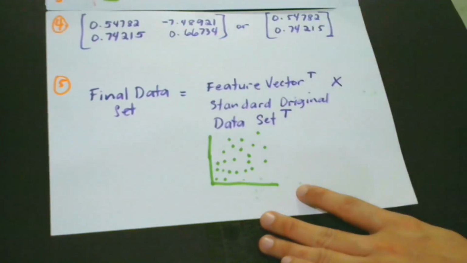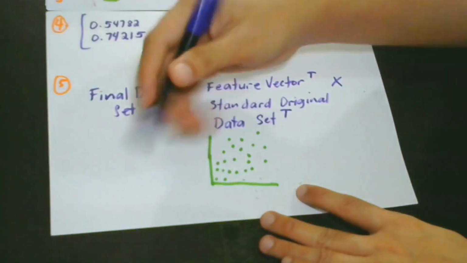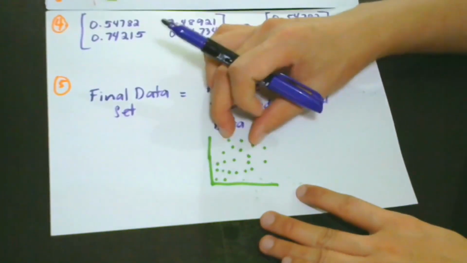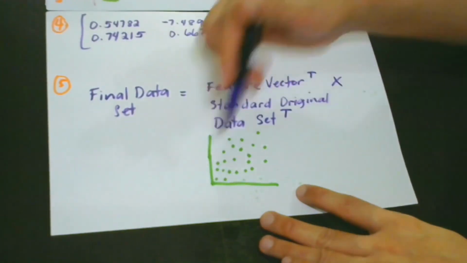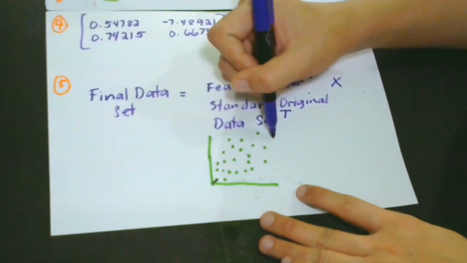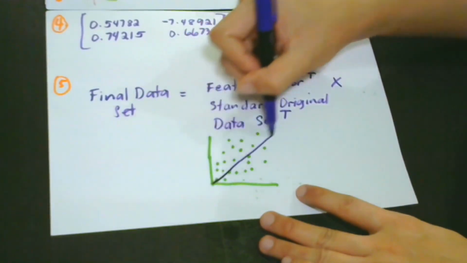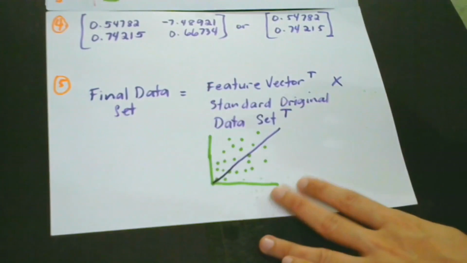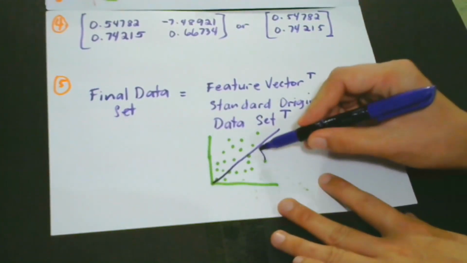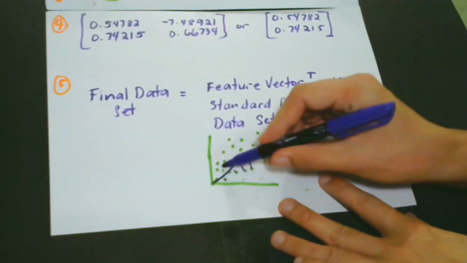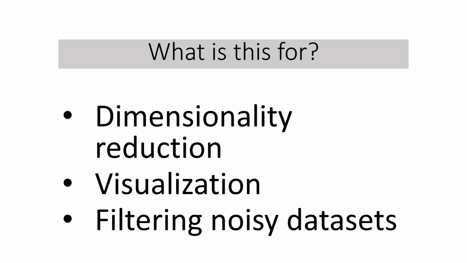So the result would be like this. Originally, for example, we have this data, but after doing this step, we would have something like this. So the points from here go here. Okay, so they align.